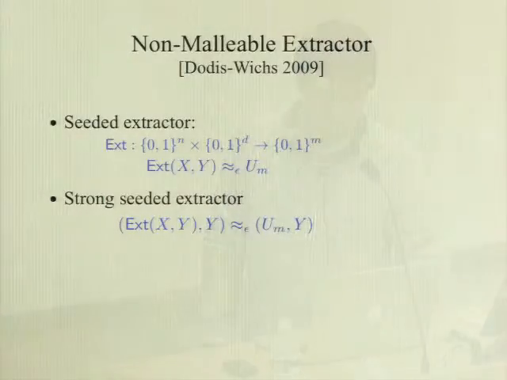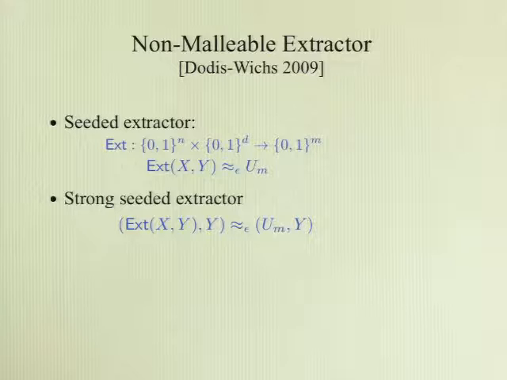So here, this notion just means that this output has statistical error epsilon from the uniform distribution. And then a stronger notion of the seed extractor, which you have also seen before, is a strong seed extractor, which requires that even if you're also given the seed y here, the output is still close to uniform.